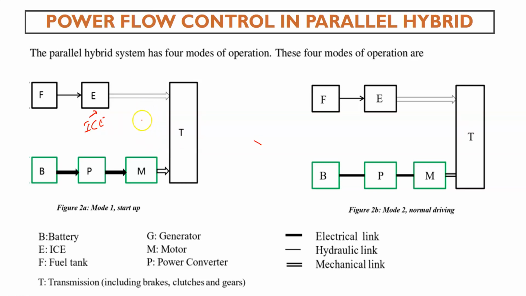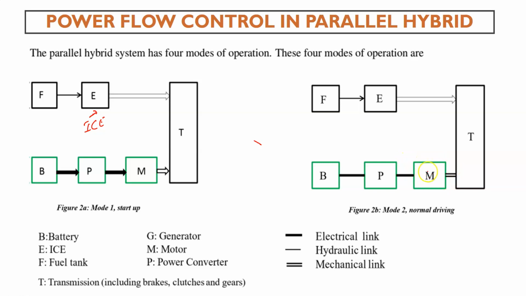Okay. So in the mode 2, during normal driving, this mode 2 represents the normal driving. The required traction power is supplied by the ICE only. In this mode, there is no power transfer from the power converter. Power is not transferred here to the motor.